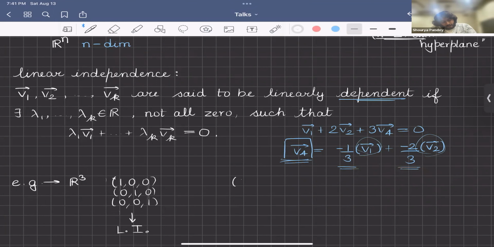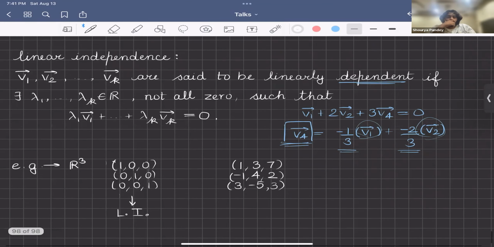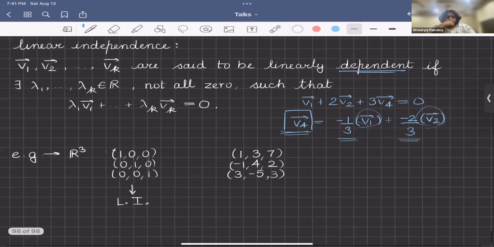How about something like (1, 3, 7), (-1, 4, 2), and (3, -5, 2)? Are these linearly independent?